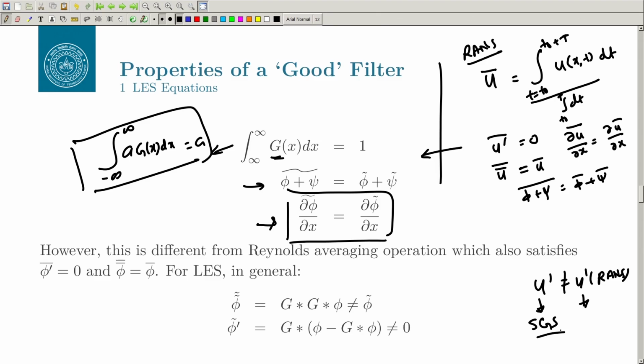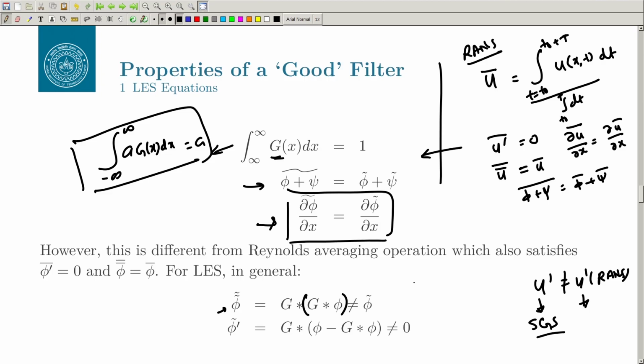You can show it mathematically using this filter. If you apply this filter twice on a variable phi, it is a convolution operation and then another convolution on phi, which is not equal to just one convolution.